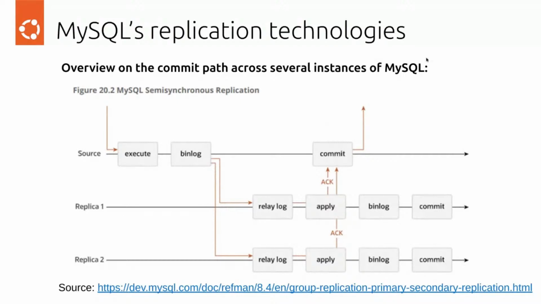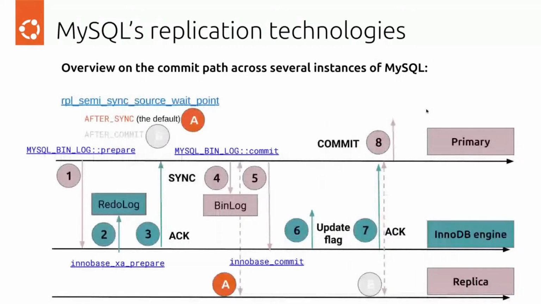The only point that I wanted to highlight is that there is a parameter called the semi-sync source wait point, which defines when the synchronization with the replica will happen.